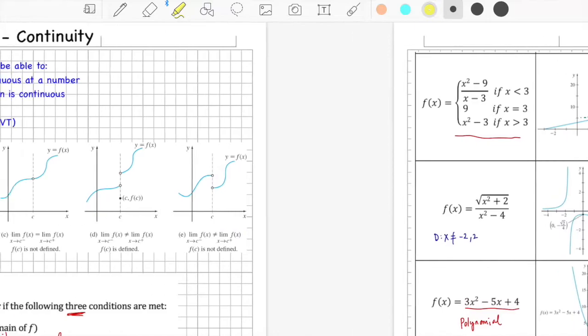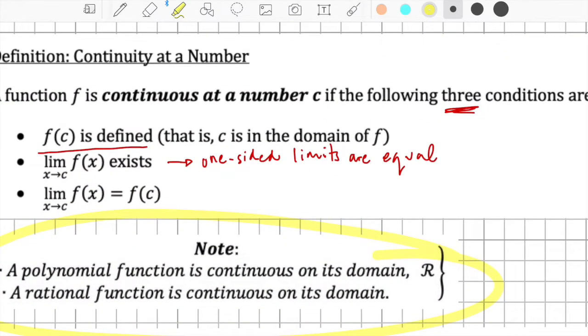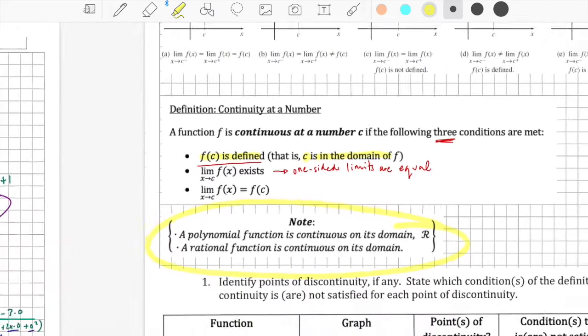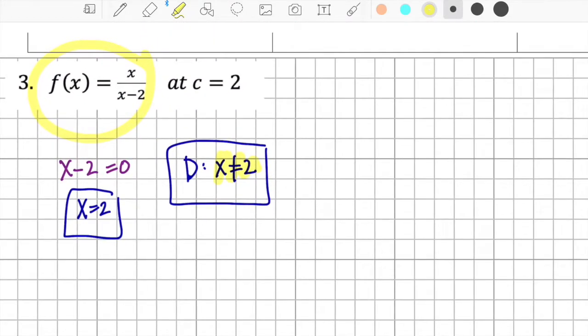So let me go back so you can see the conditions. Condition number 1, f of c is defined, c is 2. F of 2 is not defined, c, which is 2, is not in the domain. Here it says that it has to be in the domain, but it's not. So what that tells me is that this function is discontinuous at c equals 2, which is the same as x.